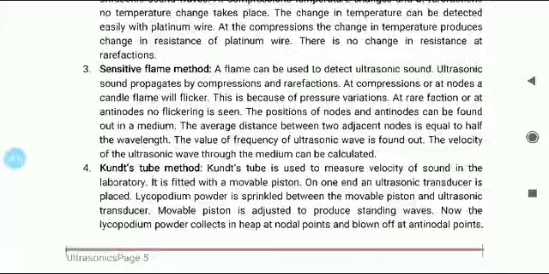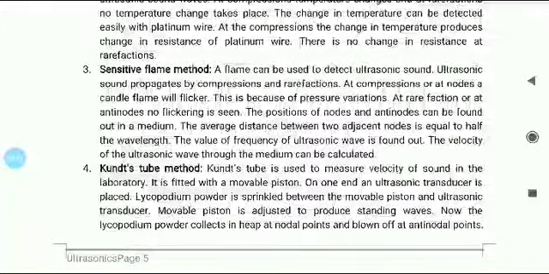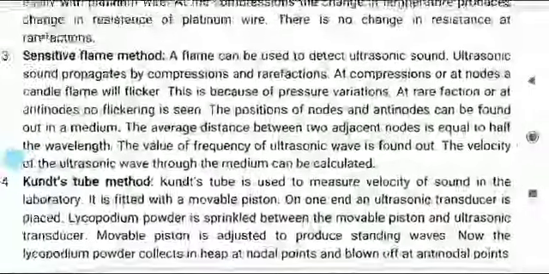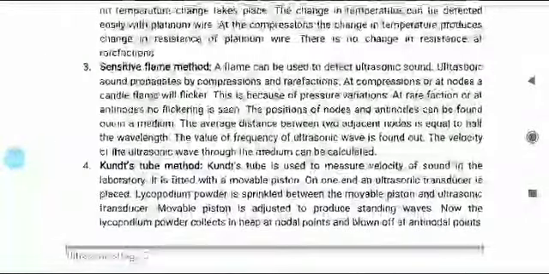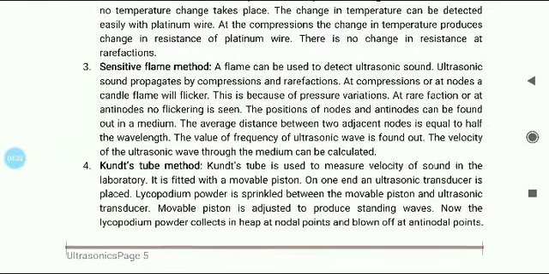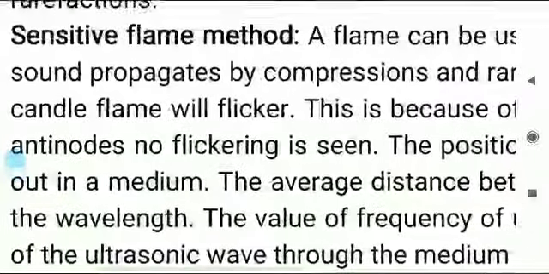Now there are two more methods. Let me explain to you. They are very simple. The third method is the sensitive flame method. Again, we know that at compressions and at rarefactions, pressure will be different. At rarefaction, a flame that you keep will not flicker.